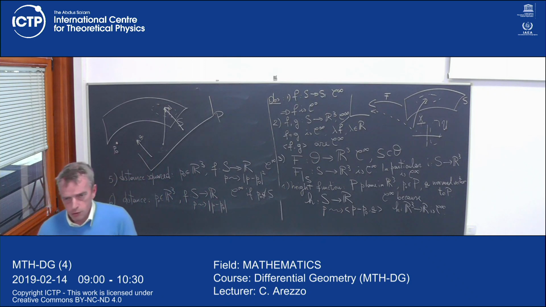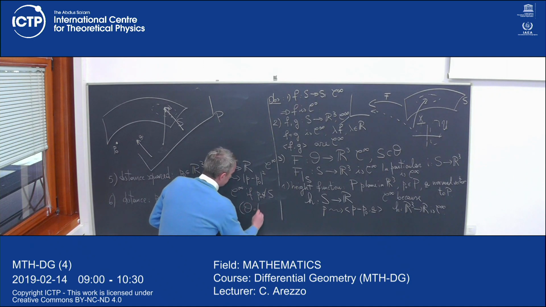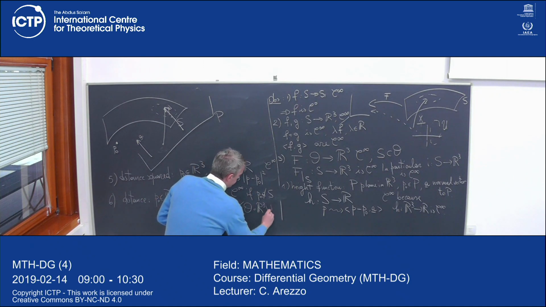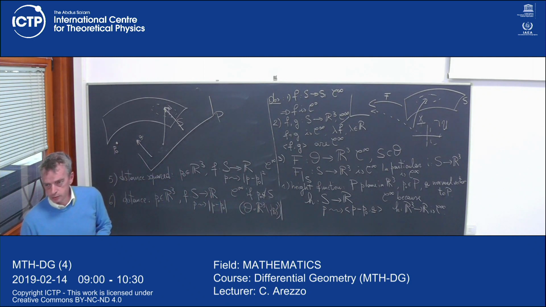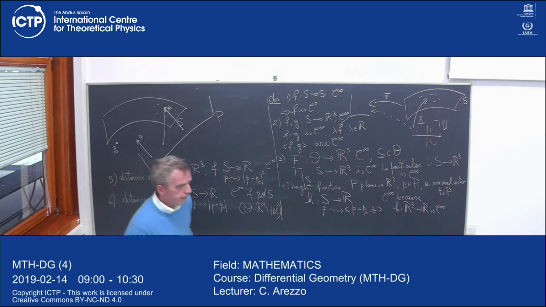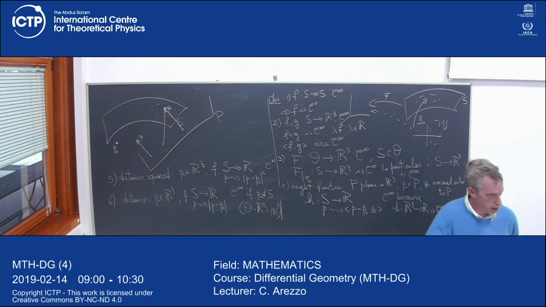Now you take O equal to R3 minus P naught. This is the open set you have to look at, because this will never be smooth in R3. So we have at least three very important geometric functions: height, distance squared, distance. We will see how they enter into the game.